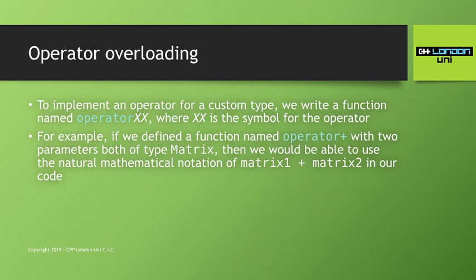If we had a class called matrix and we wanted to define matrix addition, we could write a function called operator plus that took two arguments of type matrix, did all the appropriate calculations, and then returned us a new matrix.